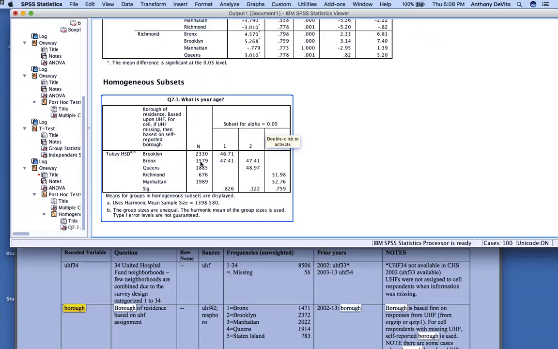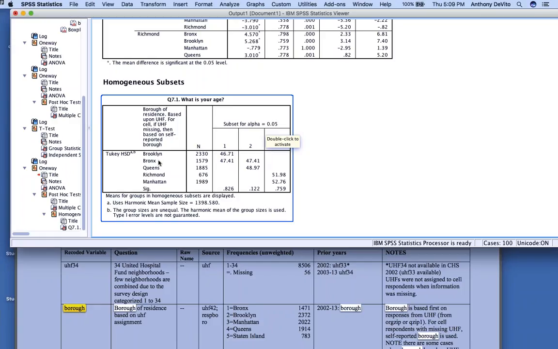In other words, if you look at the ones that are highlighted here, Brooklyn and the Bronx, 0.82 significance, 0.12. Those are the ones that are not different. Maybe these are the only ones that you can't reject the null hypothesis for, because the significance down there is all bigger than 0.05.